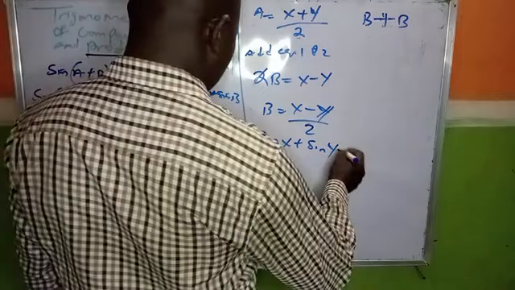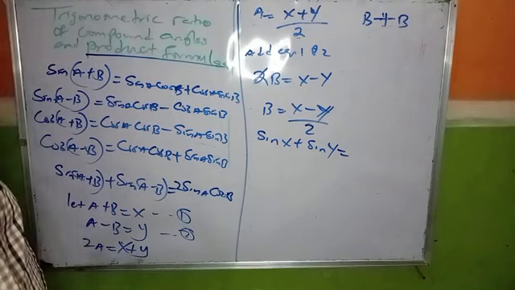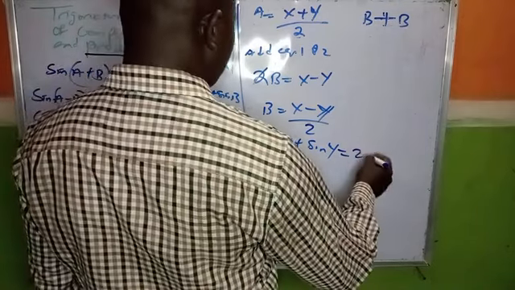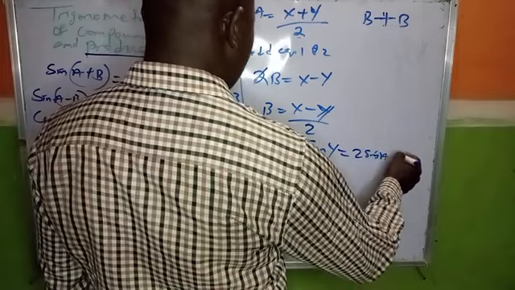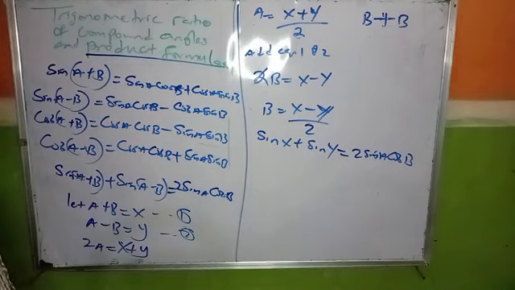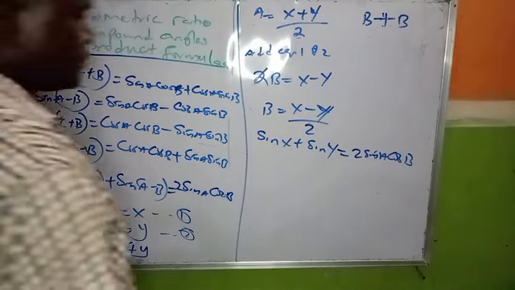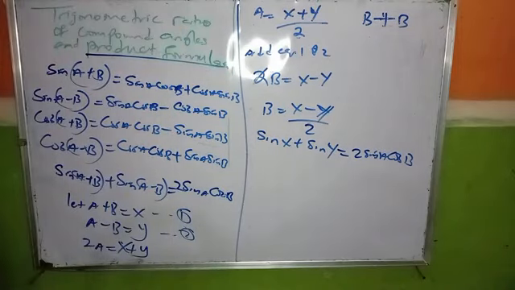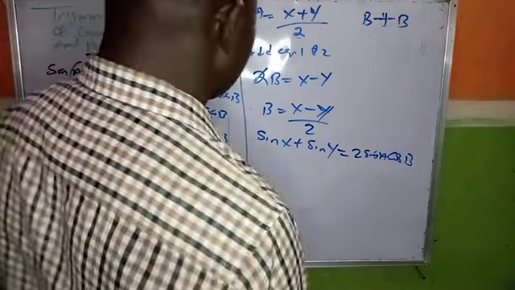So that will equal 2 sine a cos b. That's it. That's 2 sine a cos b.